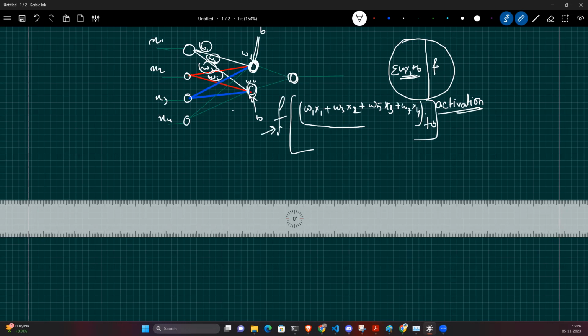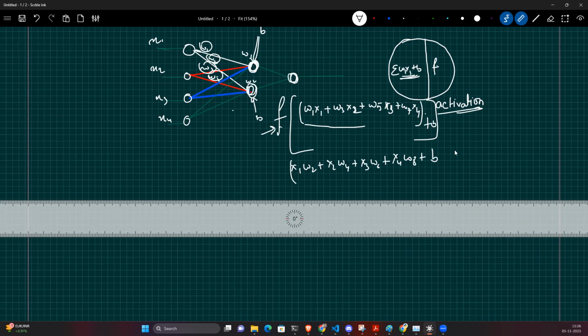Similarly, for this neuron, what will be the input? Simple: X1 W2 plus X2 W4 plus X3 W6 plus X4 W8, all the even-numbered weights, and plus B, where B means bias.